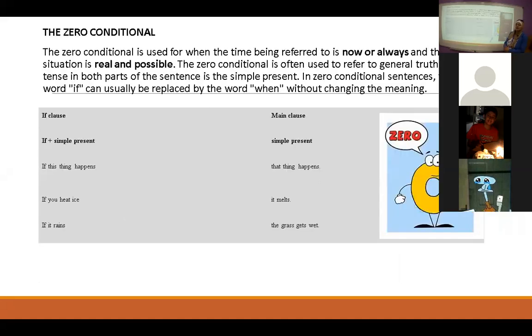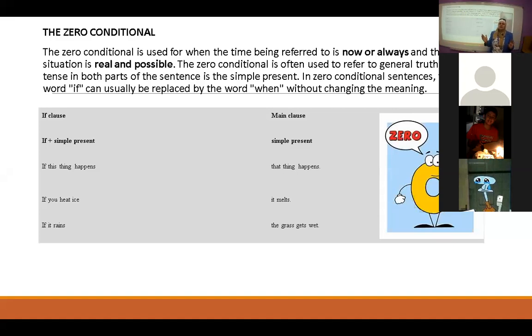Now, if we start with zero conditional, it's called zero because it has nothing. It's empty-handed. Zero means nothing. There are no additions in the sentence. You don't add anything. So this is why it's called zero conditional. We don't add anything to the sentence.